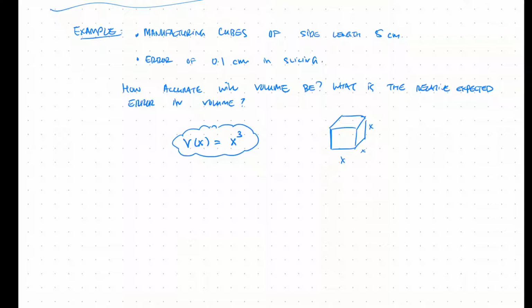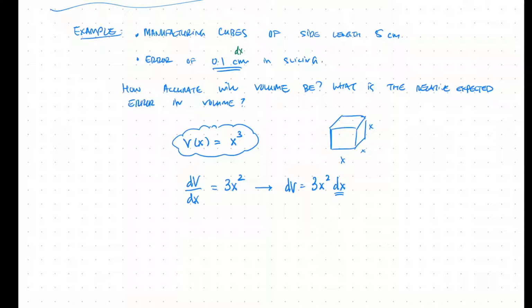So we take a look at the instantaneous rate of change. dV/dx we know would be 3x squared. But if we moved this into differential form, meaning multiply both sides by dx, that nudge in the input, we'd get 3x squared dx. And so here what we're saying is that that nudge in the input, that dx, that error, is this 0.1, right? This is my dx.